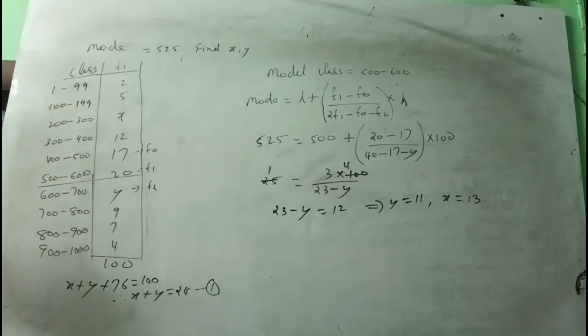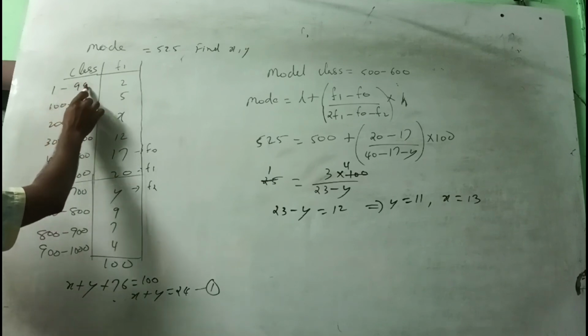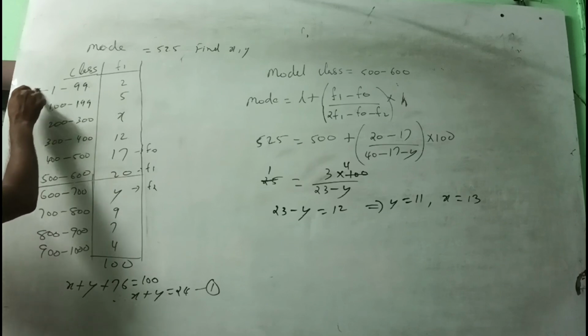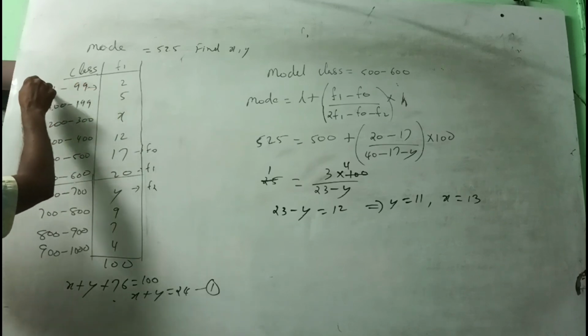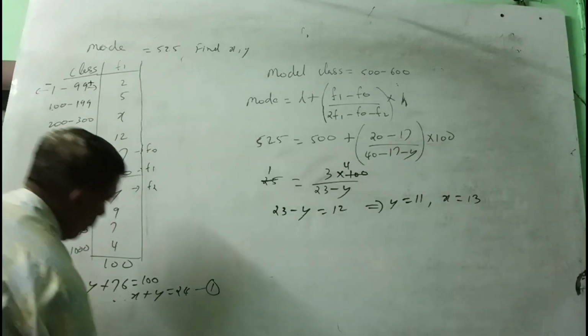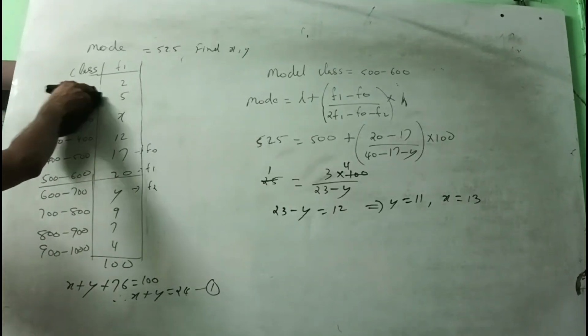Then how can you make it easier? This missing class difference, 1 is missing, its half: you subtract it from the lower limit and add it to the upper limit. Usually such cases are not required, so you may not be using that.